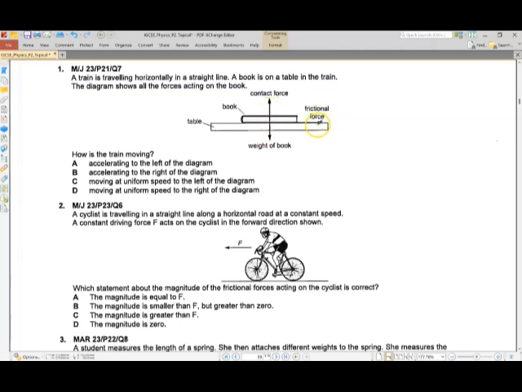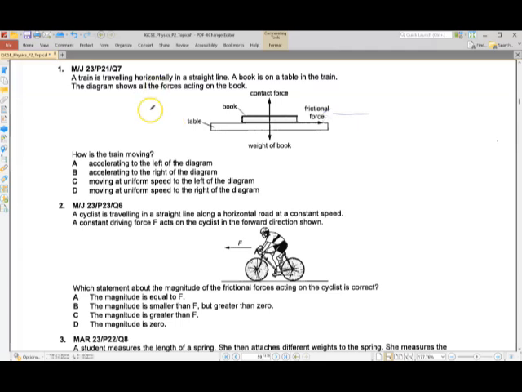But the frictional force has to have a force in the opposite direction as well. Now we already know that friction acts opposite to the direction of the motion. So if this is the direction of the frictional force, then the book would be moving backwards.